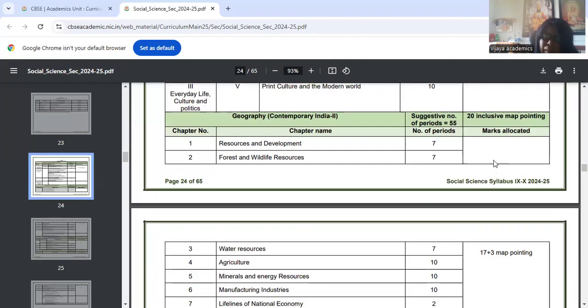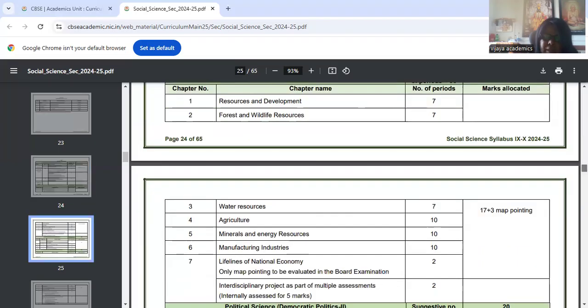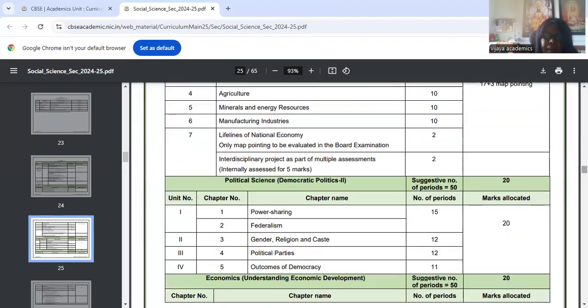Number of periods allocated is 7. The second chapter is forest and wildlife resources, number of periods 7. Then water resources, number of periods 7. Agriculture, number of periods 10. Minerals and energy resources, number of periods 10. Manufacturing industries, 10.